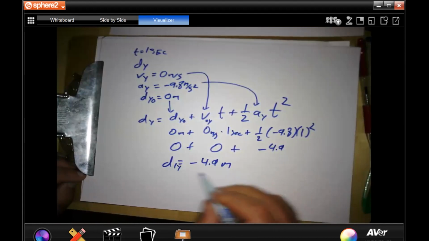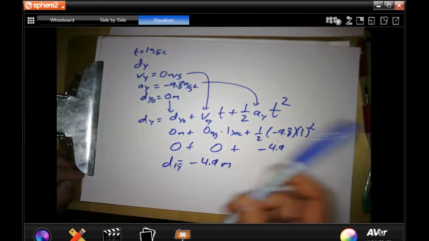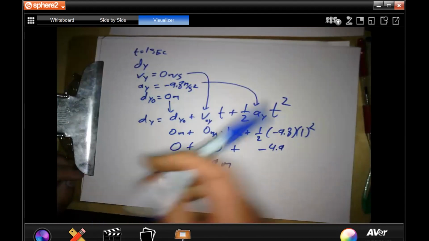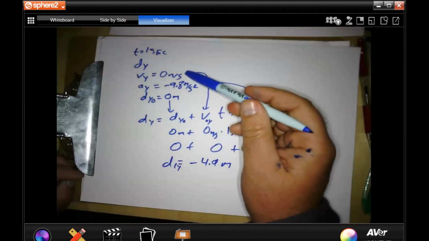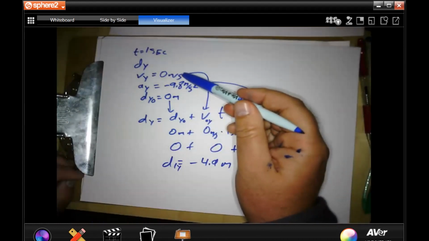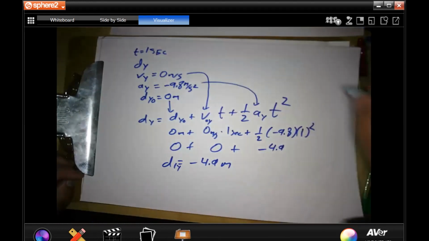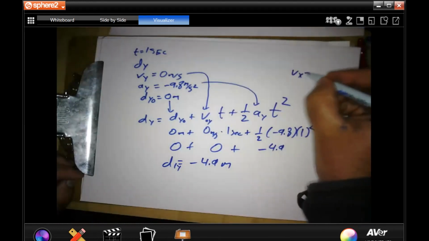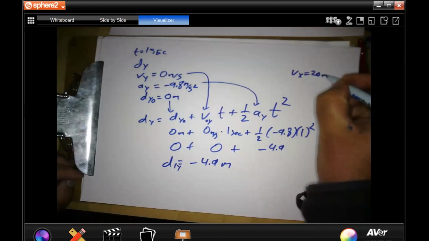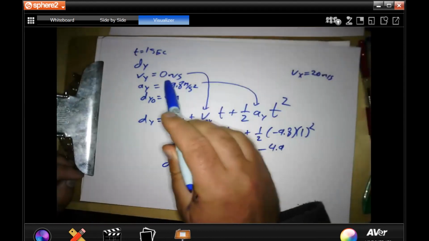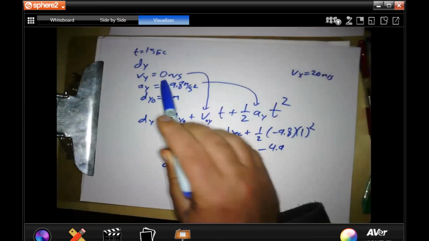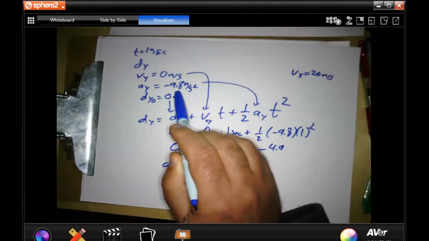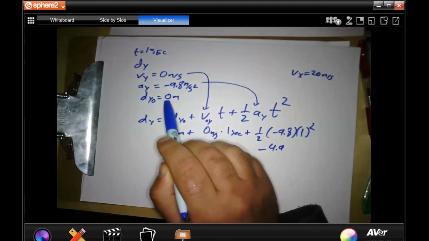for the baseball. Now, when we look at the cannonball, it was launched horizontally, which means its velocity in the x was 20, but its velocity in the y was 0. It's still on Earth, so its acceleration is still negative 9.8. It was launched from the same cliff, so its distance was 0.